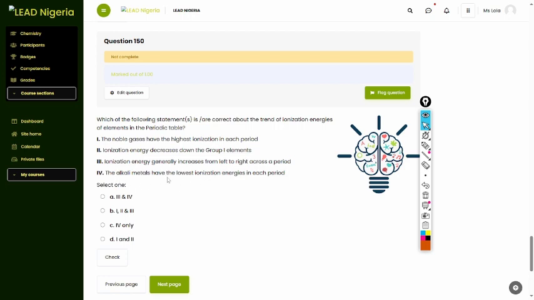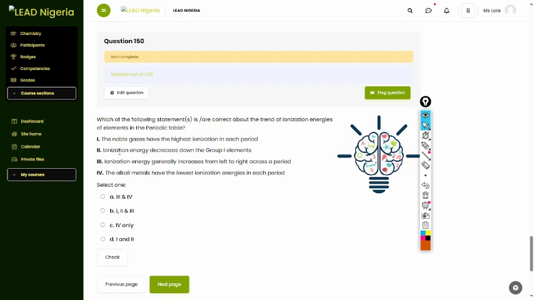Now, the alkali metals have the lowest ionization energies in each period. The alkali metals are those in group 1, and they do generally have the lowest ionization energy because as you move across the period, the ionization energy increases, so group 1 will have the lowest ionization energy.